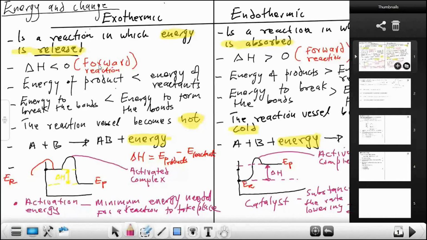So let's label this graph of ours. This here will be our minimum energy needed to start a reaction. So that is now the activation energy. Sir, I can't see the graph. You can't see the graph? Yes, sir. Okay.